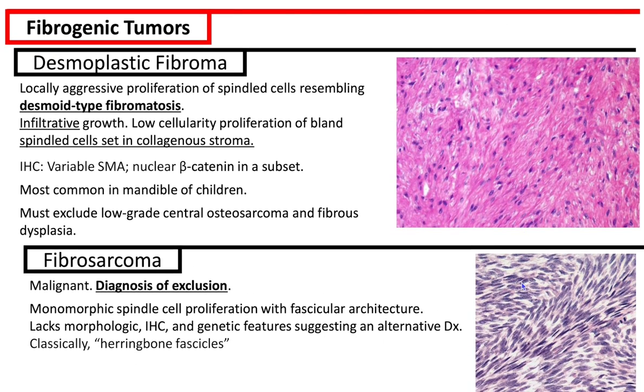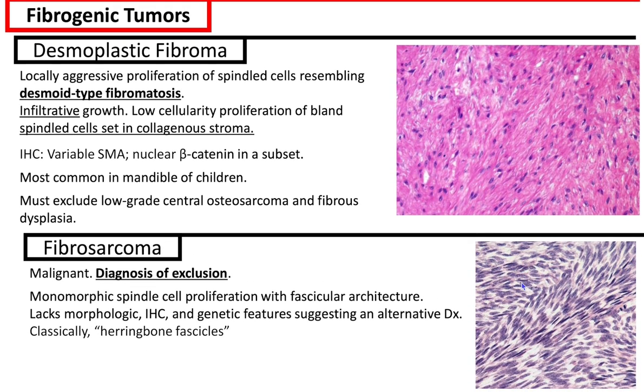Okay, fibrogenic tumors. You can have your desmoplastic fibroma. This is a locally aggressive, infiltrative looking desmoid-type fibromatosis. It all goes around the same direction. You'll have variable SMA, and you'll have your nuclear beta-catenin in a subset, and it's most common in the mandible of children.